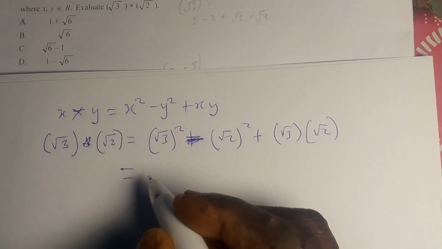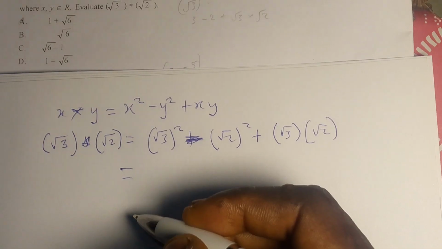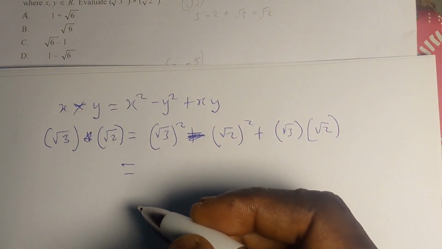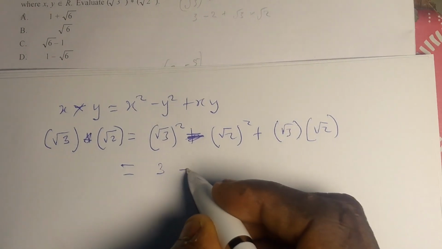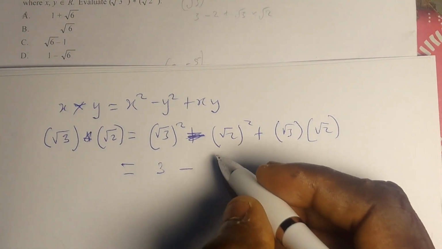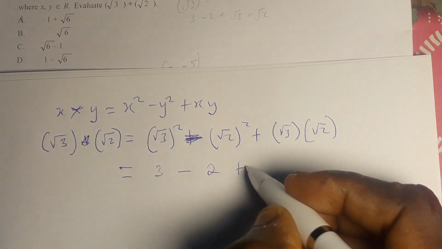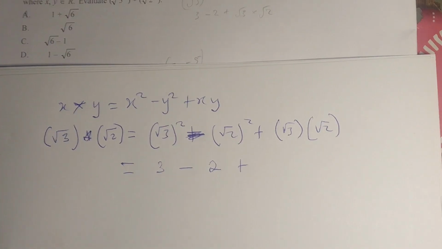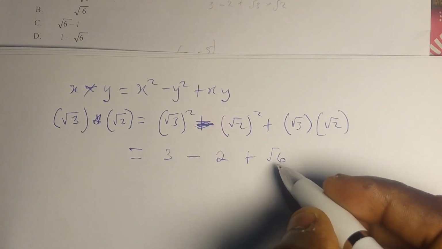Now simplifying this, we are going to have root 3 squared is 3, minus root 2 squared is 2, plus root 3 times root 2 will give you root 6.